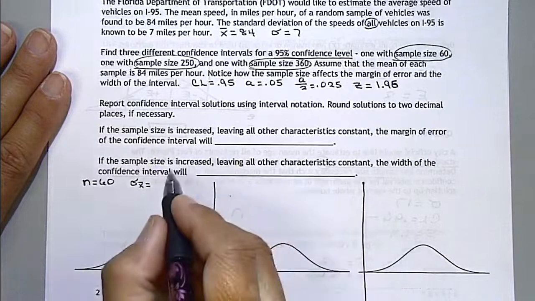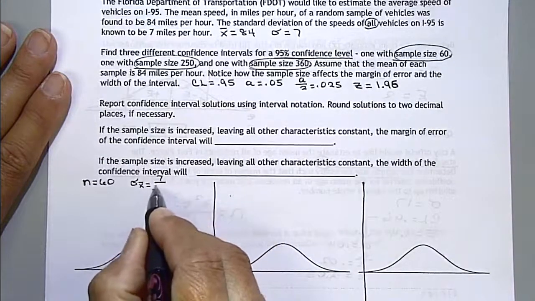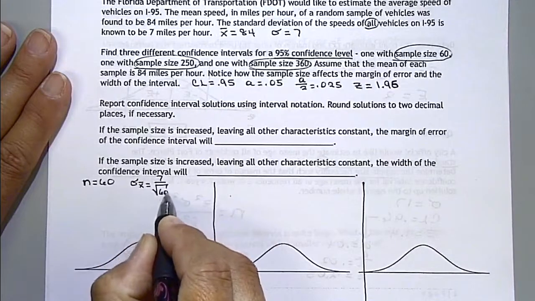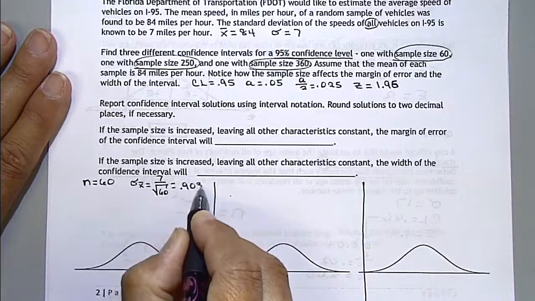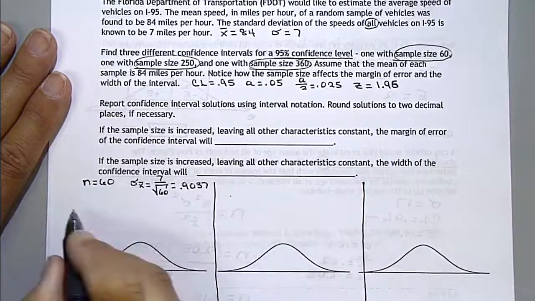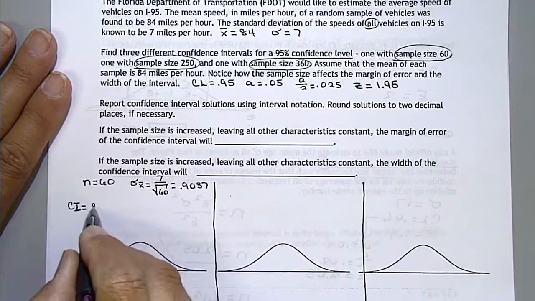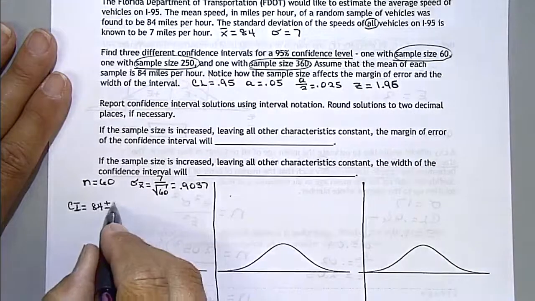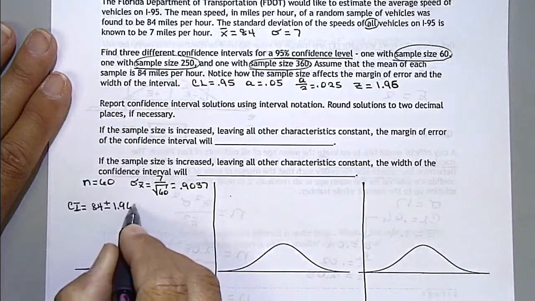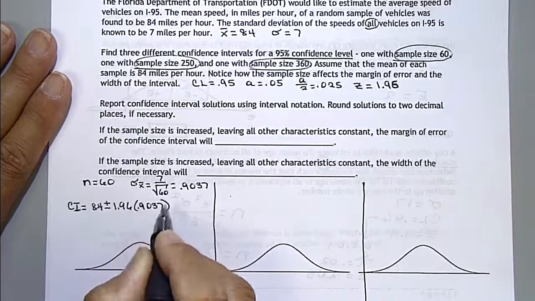So I start with my 7, which is always the population standard deviation. This time I divide it by the square root of 60, and I come up with 0.9037. So what is my confidence interval? The confidence interval is going to be the sample mean, which in this case doesn't change, it's 84, plus and minus the z-score, which doesn't change, it's 1.96, times the standard deviation that did change based on the sample size.